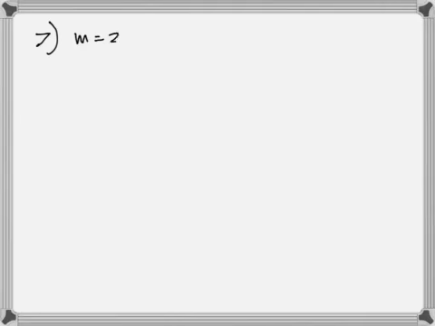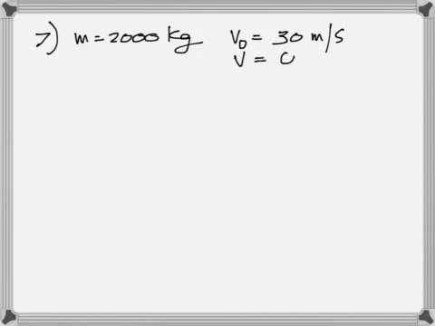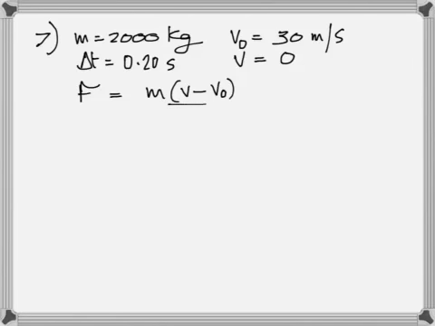Question number 7. The mass of the car is 2000 kilogram, moving at 30 meter per second. It's colliding with a brick wall, and the time of collision is 0.20 seconds, and you have to find the force. Force is given by mass times change in velocity divided by the time.